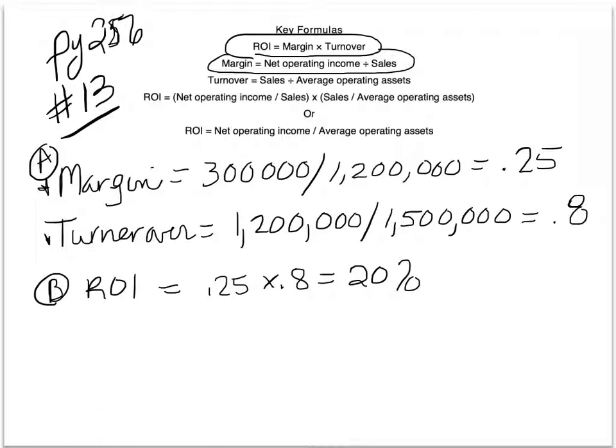But I do believe that most of the calculations are done where they give you the average operating assets. If you need to figure out what the average operating assets are, you can look at page 242. That area helps you find out what that is.